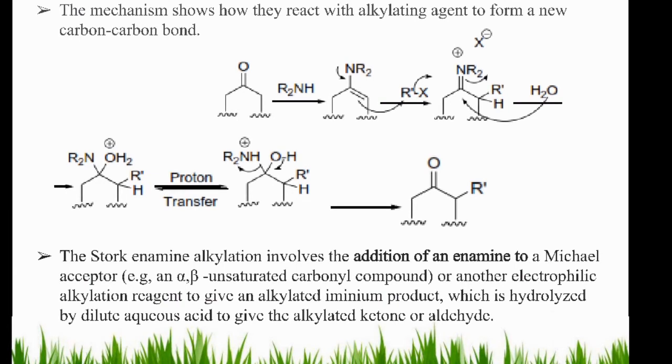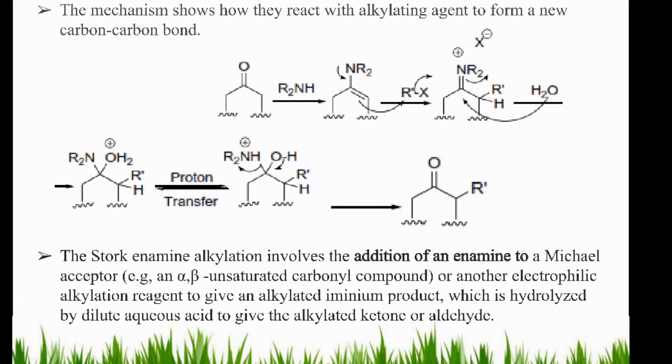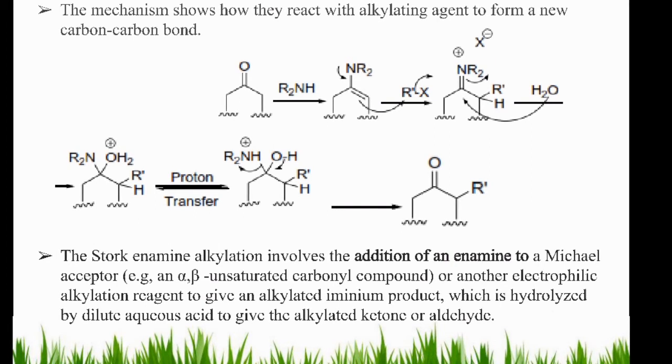Alkylated product is getting formed. This is what is about Stork enamine synthesis. So you could see that the reaction is, first there is a ketone, and if you look at the end product, you could see that the ketone is getting alkylated at the second position.